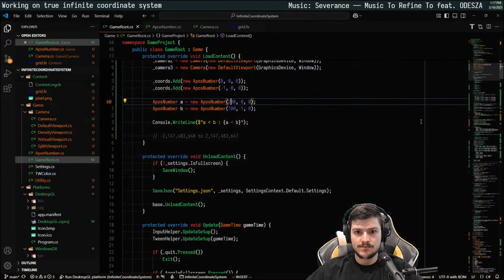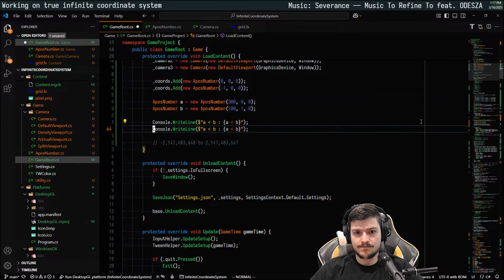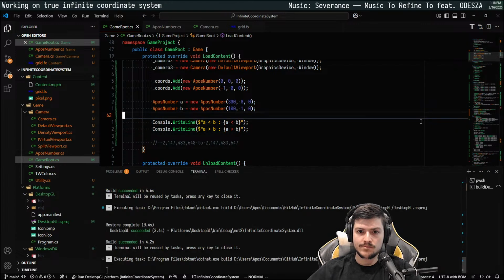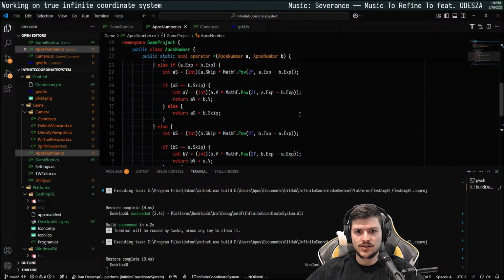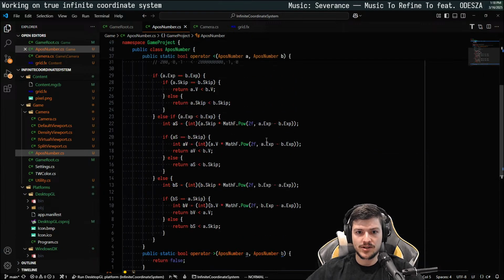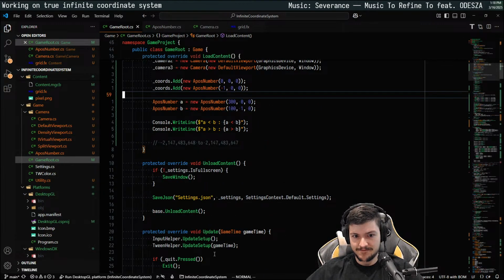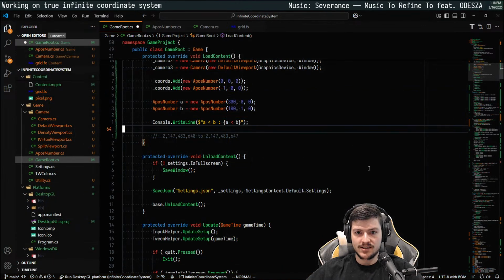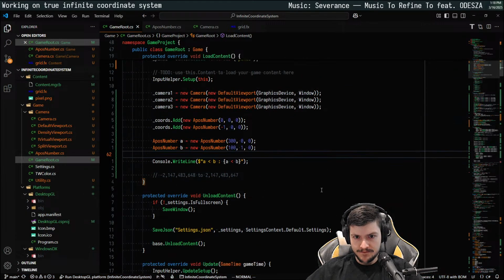Perfect. Bigger. Oh, did I do it on both sides? Oh, I don't have this supported. So I guess I don't care for this one for now. Okay.